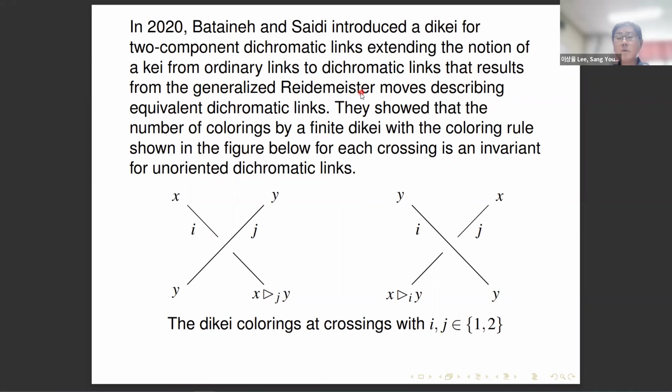Generalized Reidemeister moves means Reidemeister moves with some labels, describing equivalent dichromatic links. They show that the number of colorings by a finite dikei, with a coloring rule like this for each crossing, is invariant for unoriented dichromatic links.